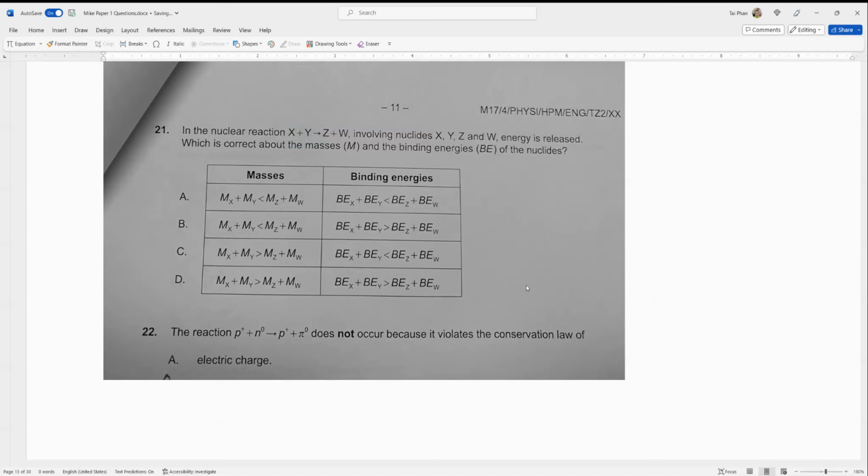The masses: it has higher binding energy per nucleon. Assume that there is no change in the total number of protons and neutrons, which means the total number of protons and neutrons of Z and W is the same as the total number of nucleons of X and Y. So to have higher binding energy, there is some energy loss.